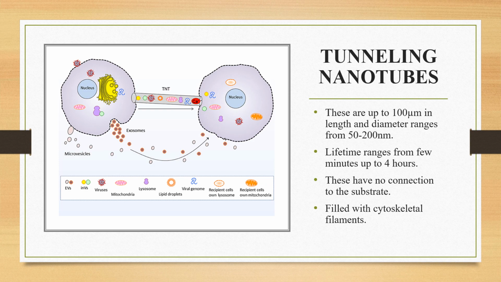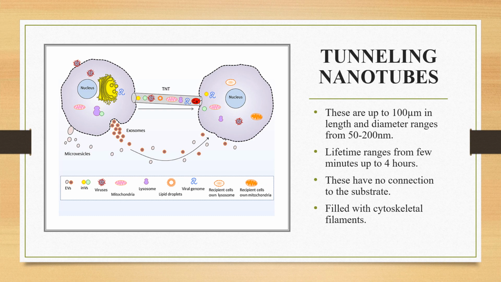So, if we talk about the types of tunneling nanotubes, then there are two types. The first one is less than 0.7 micrometer. These allow movement of pathogens and plasma membrane, and the movement is unidirectional in nature. And the second one is greater than 0.7 micrometer.